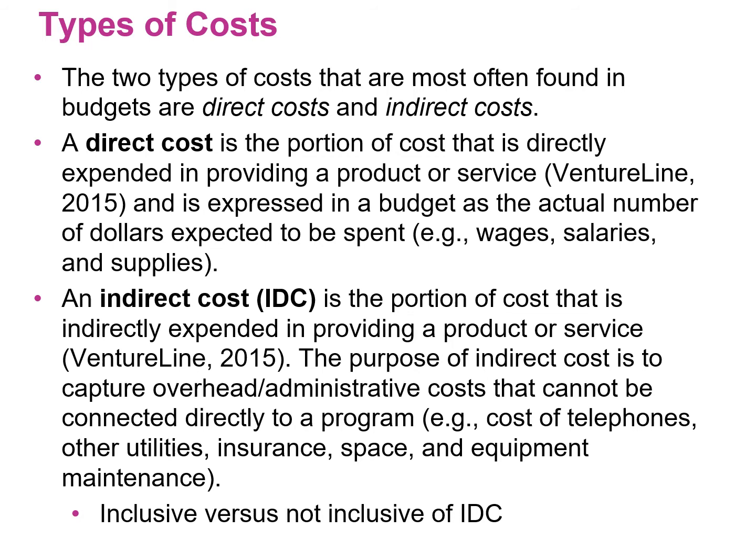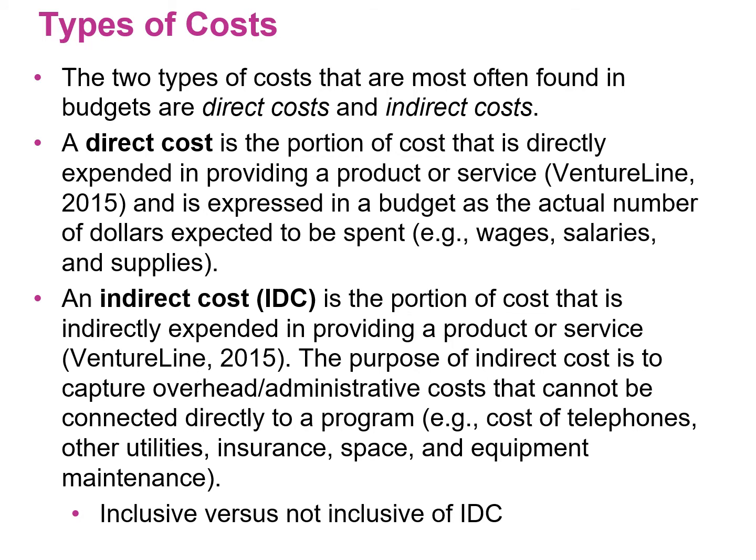An indirect cost is the portion that indirectly helps you. Think about administrative costs, telephones, especially if you're in a university. Think about, for example, my position, all the things that are helping me do my work. I have a telephone, obviously I have light and an office space.